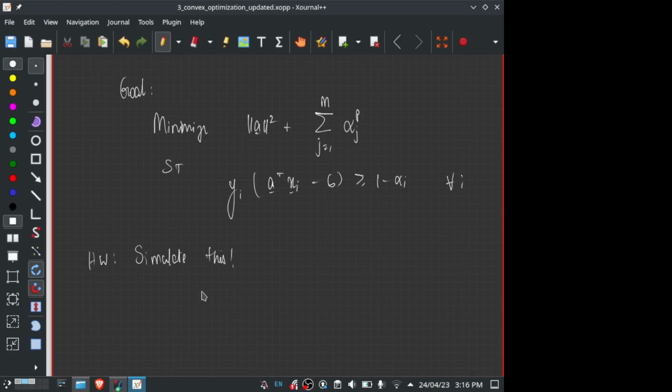In case we didn't bound either alpha or the one, we let both of them be free, you just get infinity.